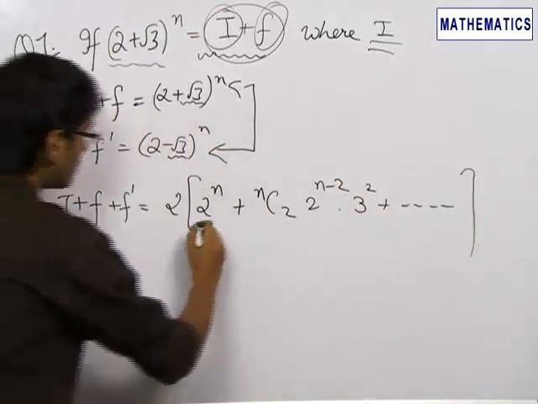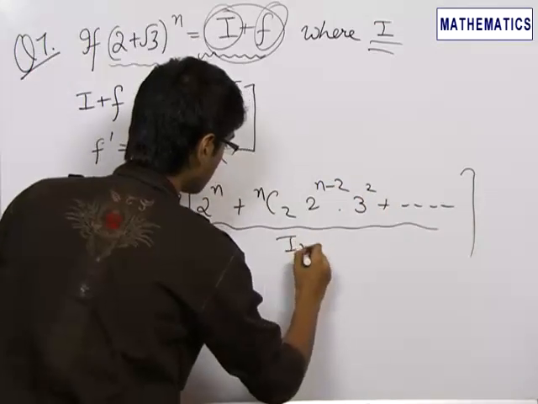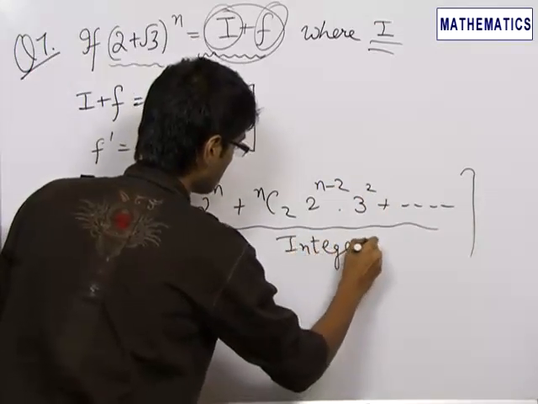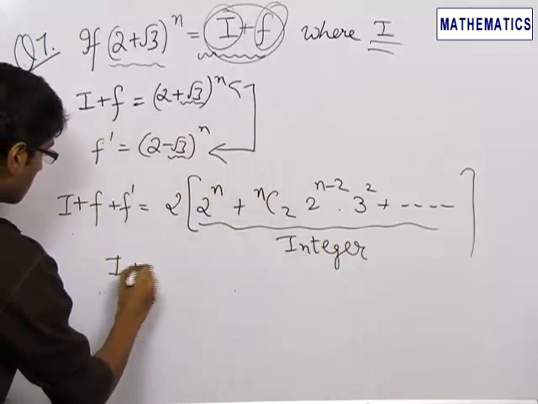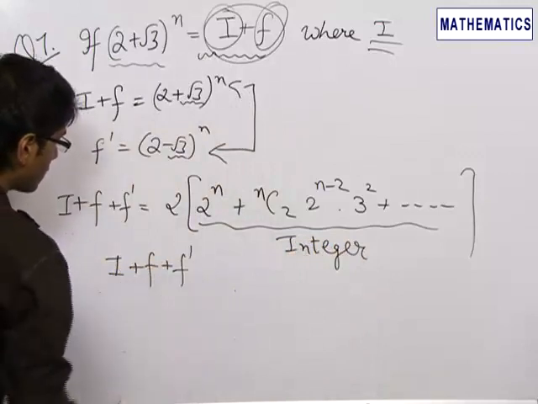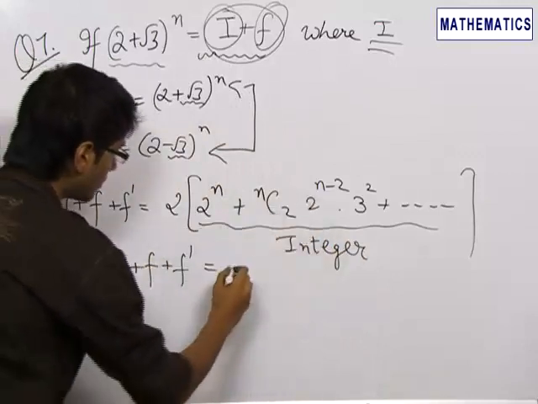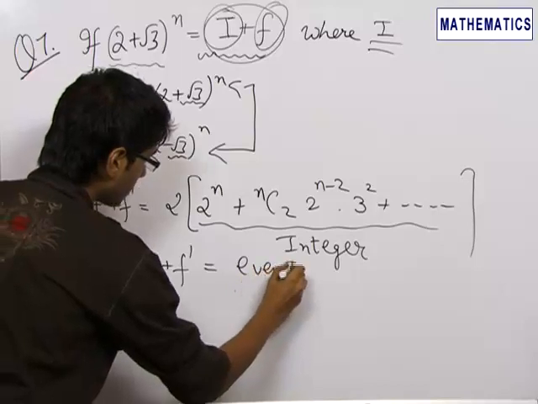So we can very clearly see this is an integer. So I + f + f' is equal to 2 times an integer, so an even integer.